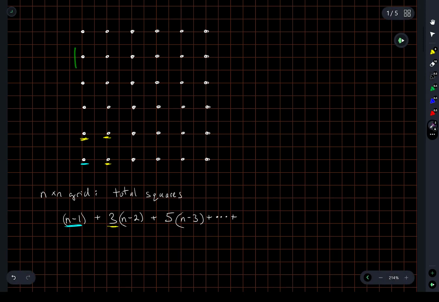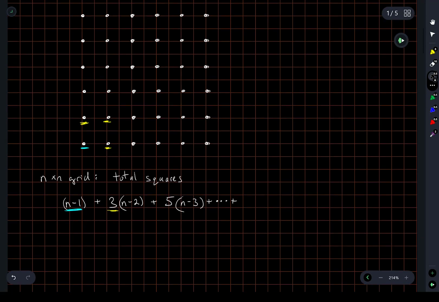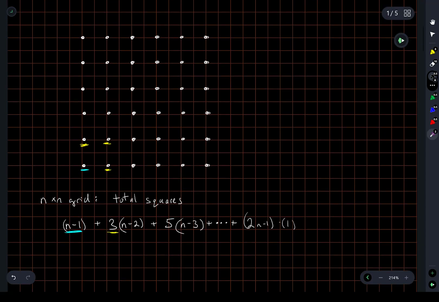How many dots are there here as a function of n? It's 2n minus 1 times 1, right? In a 6 by 6 grid, how many do I have here? 5 plus 4, which is 9. Yeah, this is wrong. This should be 2n minus 3 then, isn't it?